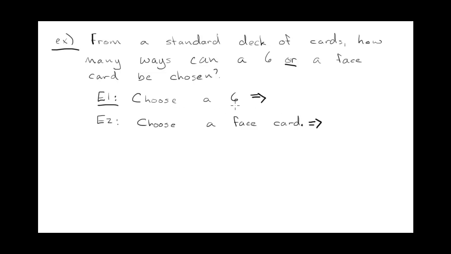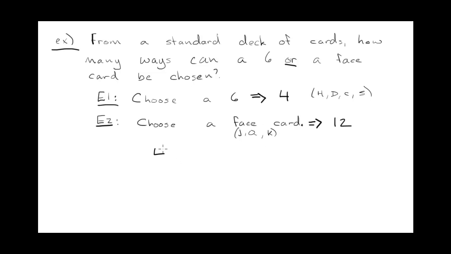Well, hopefully you know that there are 4 6s in a standard deck of cards. Right? There's the hearts, diamonds, clubs, spades. And how many ways could you choose a face card? Well, there's 3 different types of face cards. A jack, a queen, and a king. And each of those has 4 suits. So 3 times 4, there's 12. So how many ways could you do one or the other?